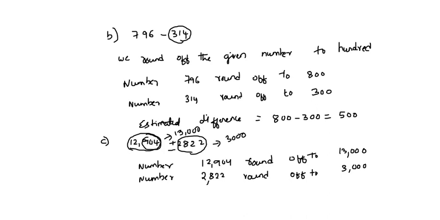Sum. Now the estimated sum is equal to 13,000 plus 3,000 is equal to 16,000. The answer is 16,000.